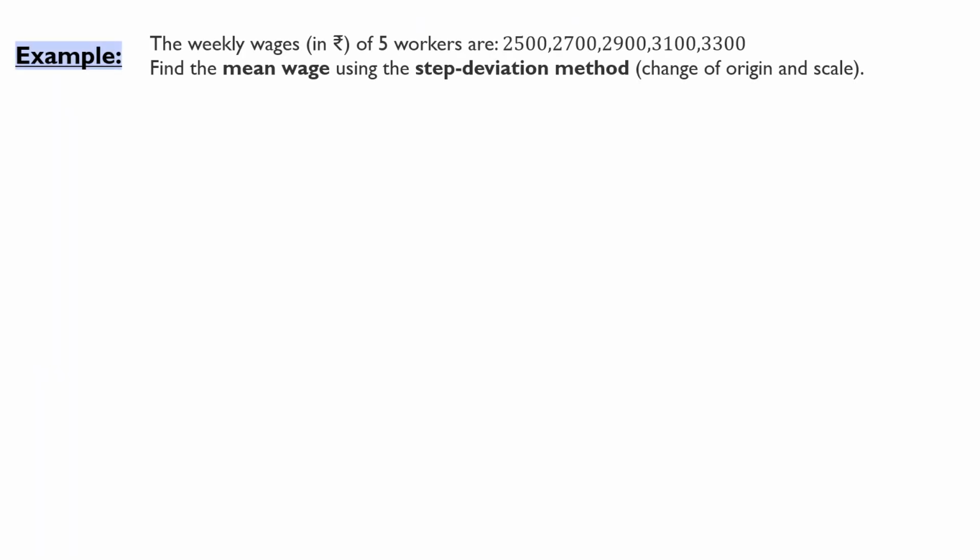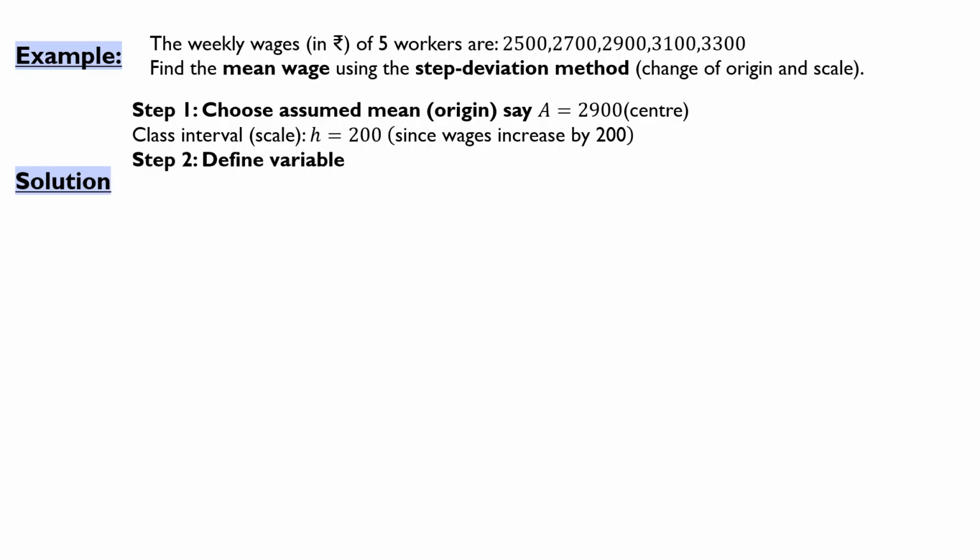Let us see an example where we have applied the change of origin and scale method, which is the same as the step deviation method used in a previous video. Here we have taken the scale interval h as 200, which is the difference between the wages of the 5 workers, and the constant a is chosen as 2900, which is chosen mostly from the center part of the data set.